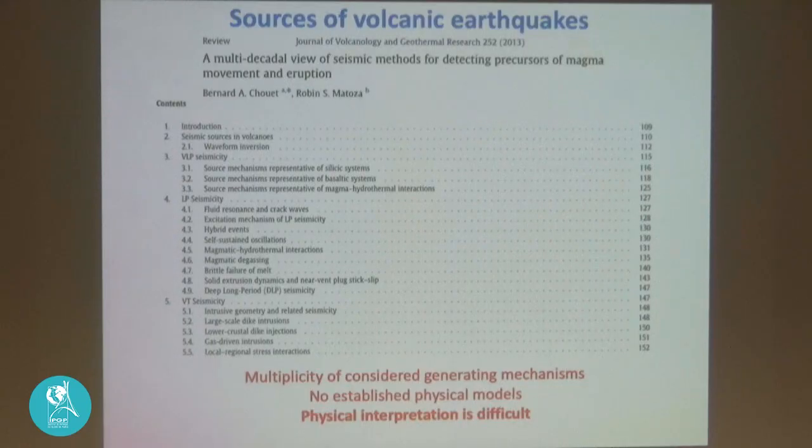Okay, now what about volcanic earthquakes? As I already announced initially, the situation is much more complex. I cannot explain or illustrate it simply, so what I selected for this is a relatively recent review paper from Bernard Chouet, who is one of the major figures in volcano seismology, and I will just show you its content.